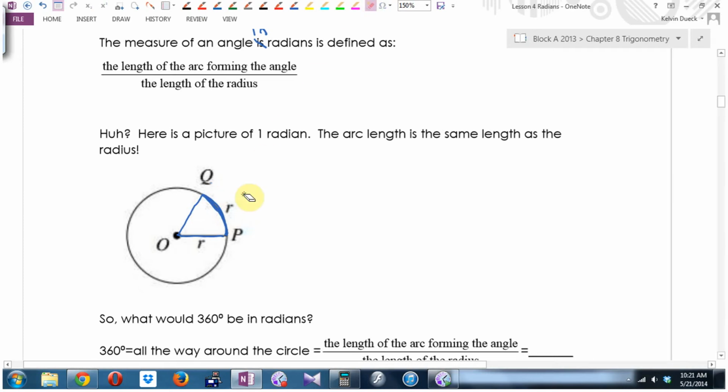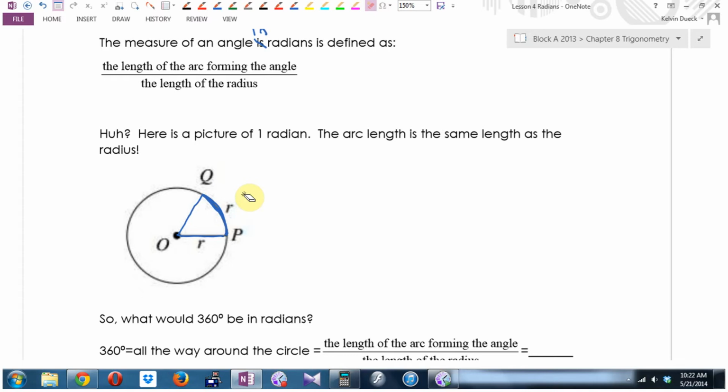If my arm is the radius, if I draw an arc about as long as my arm, that's about 1 radian, give or take. Not 1 radian, because clearly the arc from the tip of my finger to my elbow is longer than my arm. Not 1 radian, because clearly the arc from the tip of my finger to my elbow is less than my radius long. 1 radian, about there. Why is that so handy?